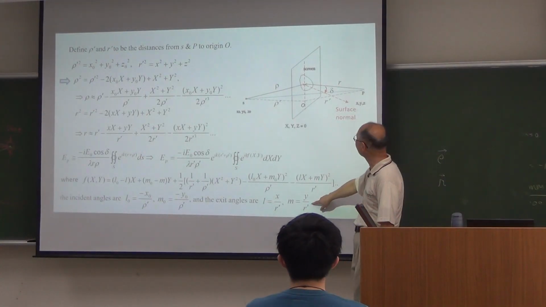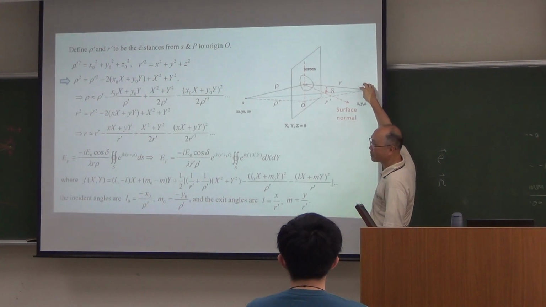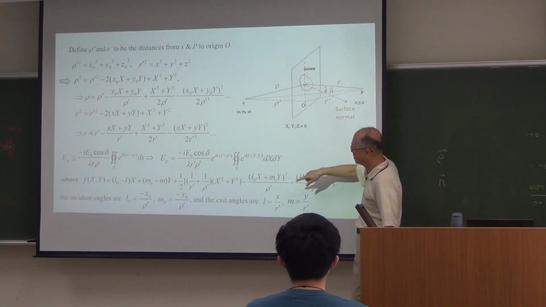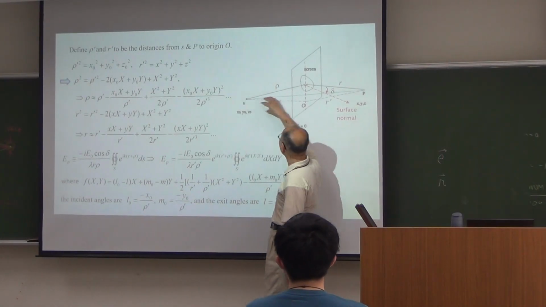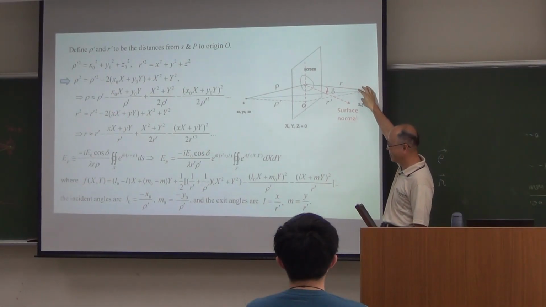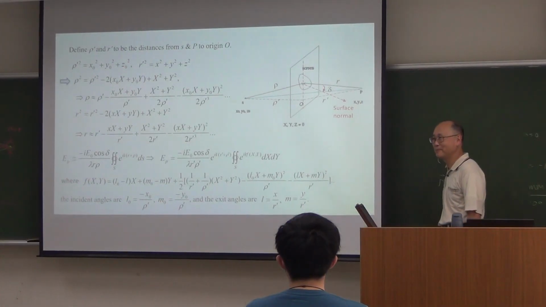And remember, this x, y is describing this point P, and this x0, y0 describes the source. So if your point P has a finite size, then this also defines an axis angle.